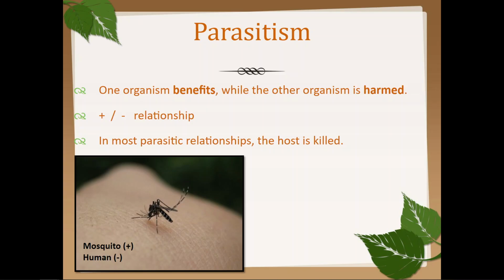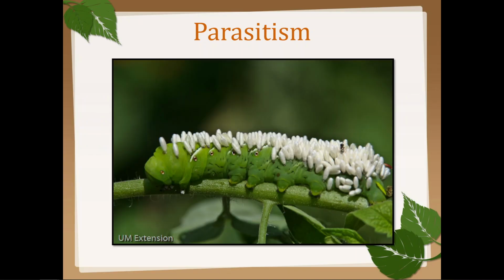An example of this is a wasp and a tomato hornworm, where the wasp larvae feeds on the inside of the hornworm, eventually killing it. The tomato hornworm and the wasp have a very interesting symbiotic relationship. This is a parasitic relationship, which means one organism is benefited while the other is harmed.